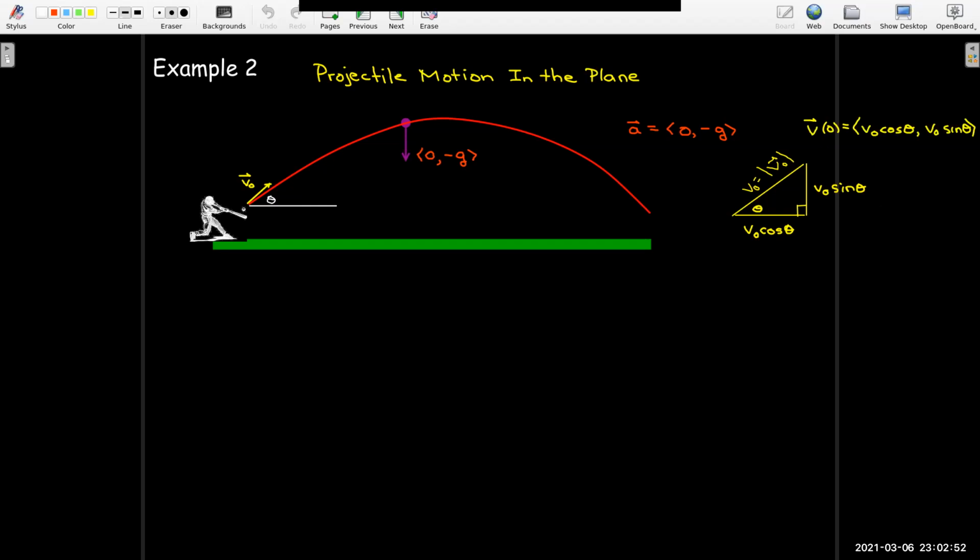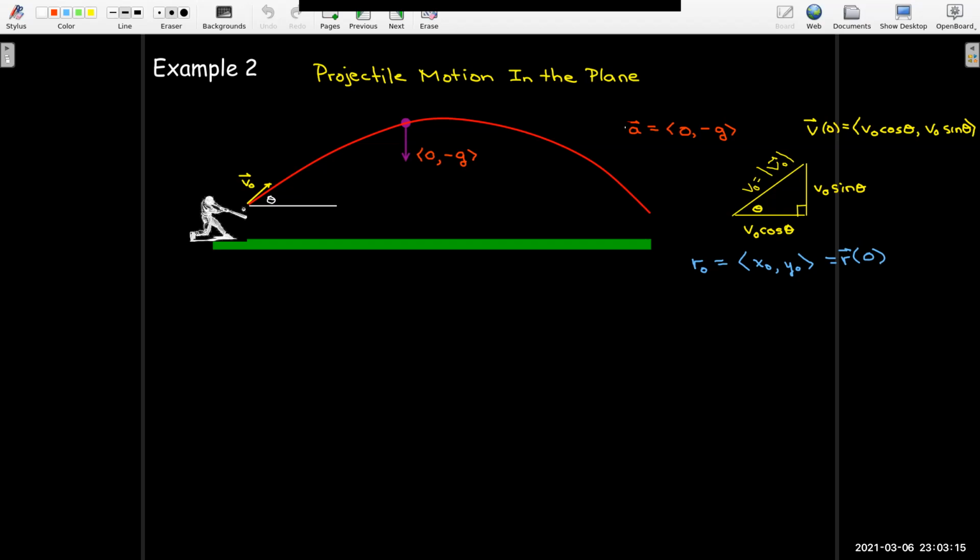So our velocity at time 0, v naught, is v0 cosine theta, comma, v0 sine theta. And for the initial position, we're just going to call its components x naught and y naught. That is the position at time equals 0.